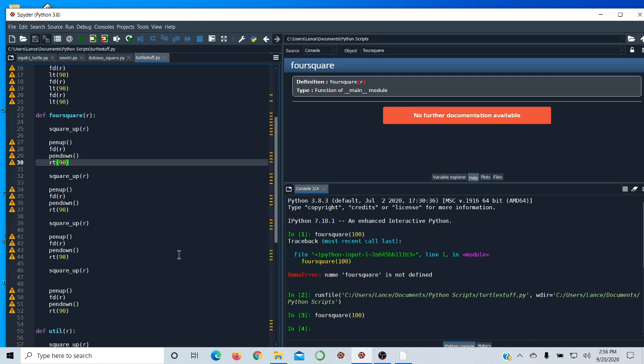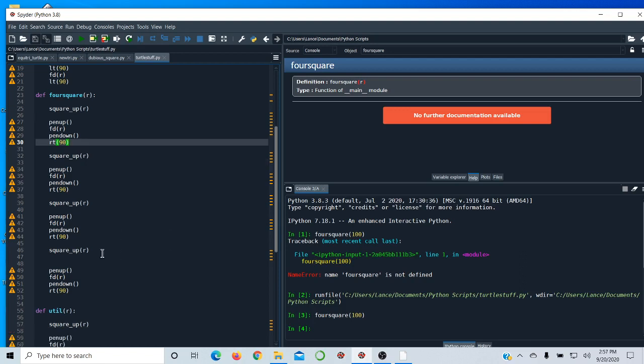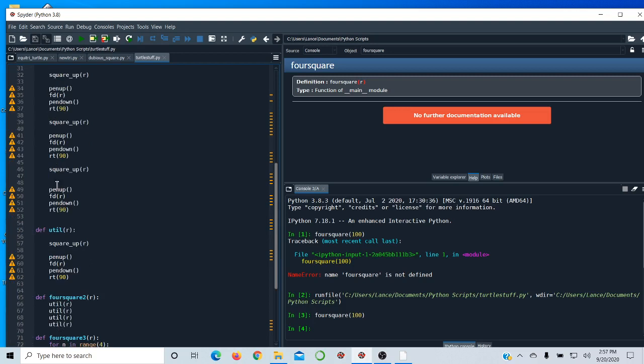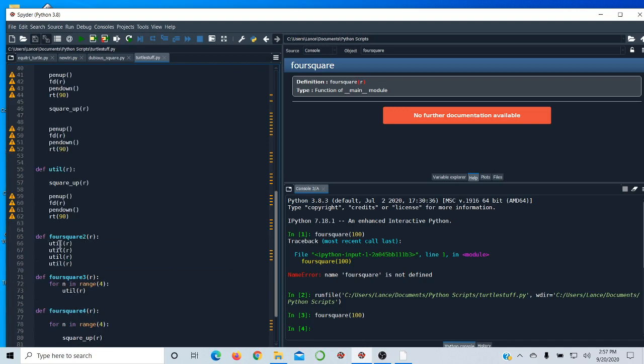So one way to compact that, of course, would be to define a function. We're repeating this code: square up, pen up, forward, pen down, rotate 90. So we just copy that code into a utility function, and then we can get the same result by calling that thing 4 times. So let's try that just to make sure we're convinced that that works.